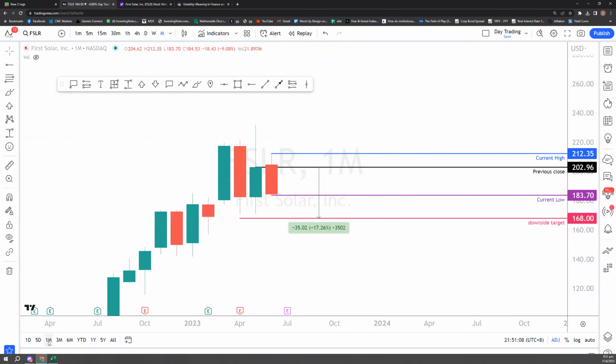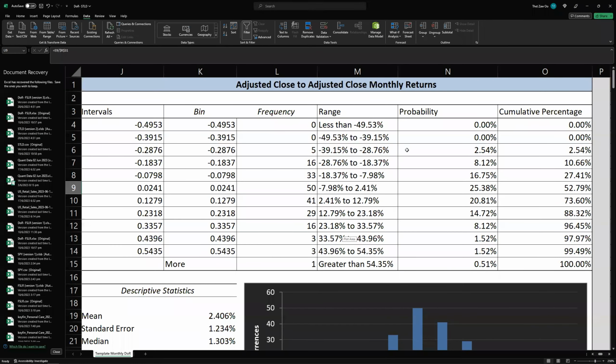17.26% down. So let's look at the distribution. We are looking at negative 17.26. The closest one we get is negative 18%. It is the closest to 17%. So what is the probability of First Solar closing negative 18% or lower?